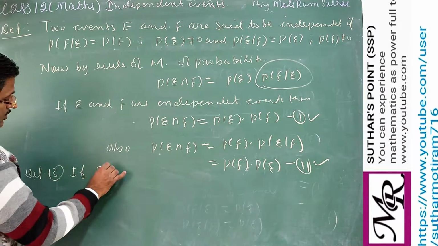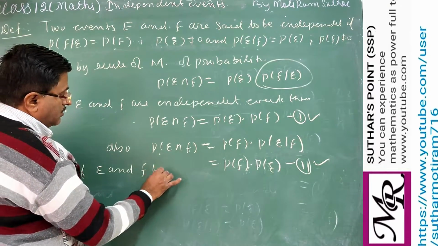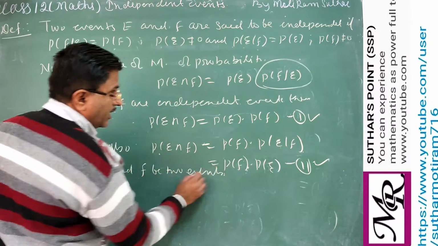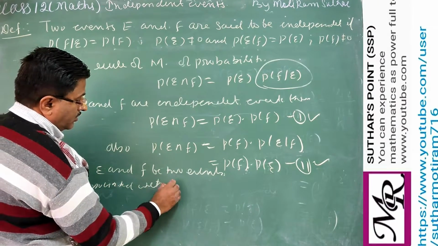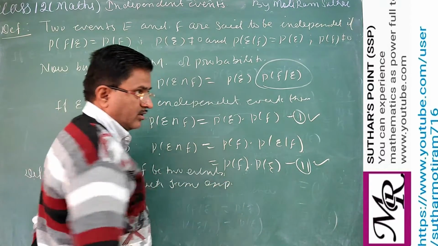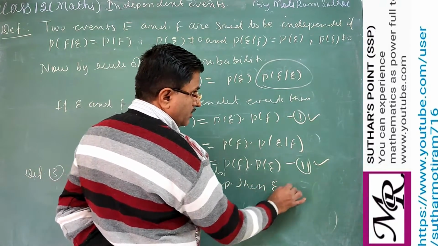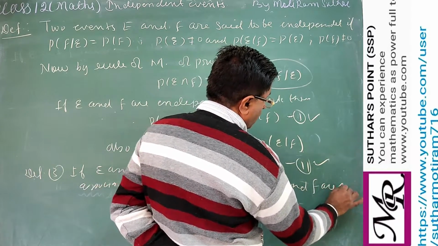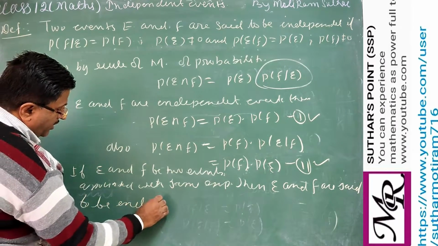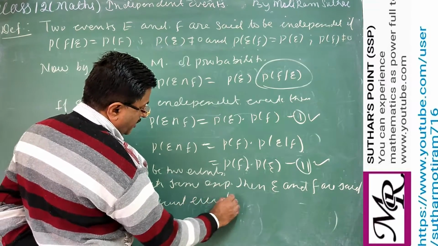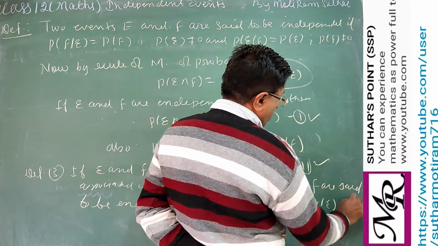If E and F are two events associated with the same random experiment, then E and F are said to be independent events if the condition is P(E ∩ F) equals P(E) into P(F).